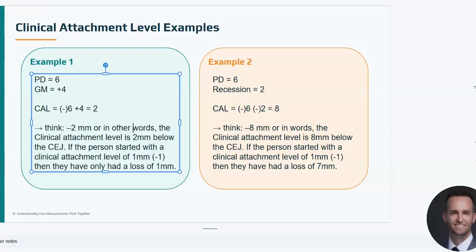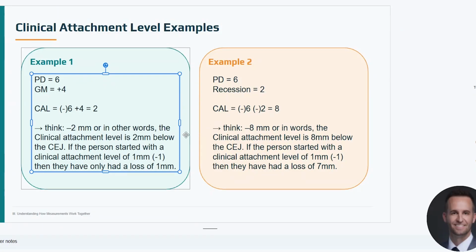So we can either say the clinical attachment level is at 2, which, if we were talking to Dr. O'Connor or a periodontist, they would know exactly what you mean. They would know that your level is 2 millimeters below the CEJ. Or we can conceptualize it and think, well, it's actually 2 millimeters below. It's a -2 in a sense.